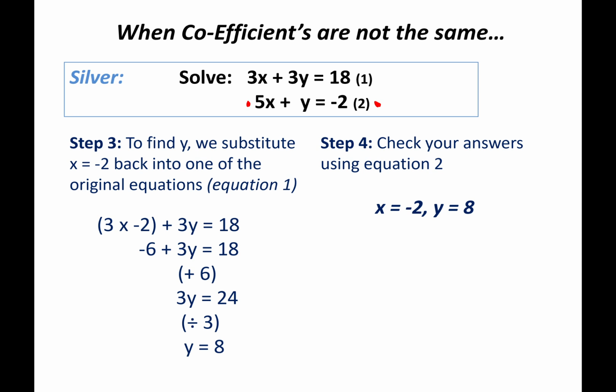So to check to see if our solution is correct, we will substitute these values into equation 2. This gives us 5 times minus 2 plus 8 equals minus 2. Let's solve this out. 5 times minus 2 gives me minus 10 plus 8 equals minus 2.